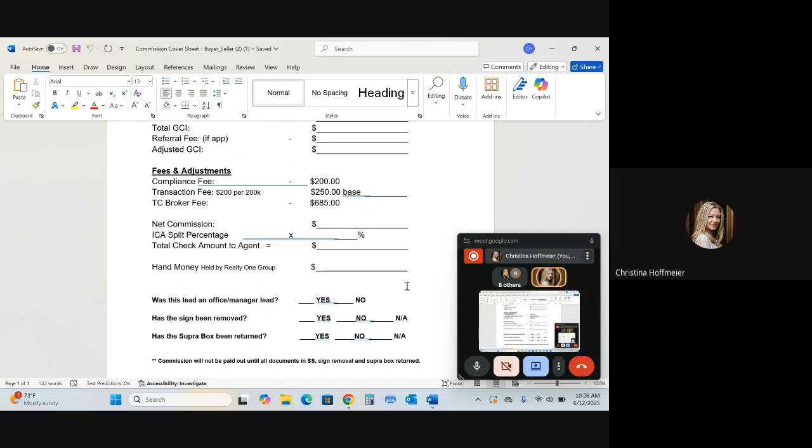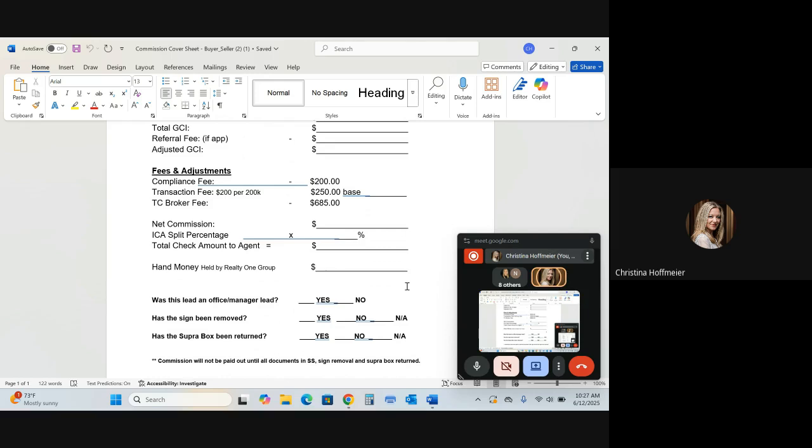And believe it or not, most of the time, not all of the time, but most of the time, agents are actually shorting themselves commission, not trying to get paid more on their commission sheets, just because there's an error in the math. If that happens, when these go through, both your TCs and Kathy check your math to ensure that the amount of the HUD, the amount of the check, and the amount on your processing form match.